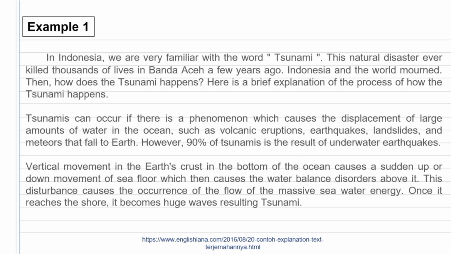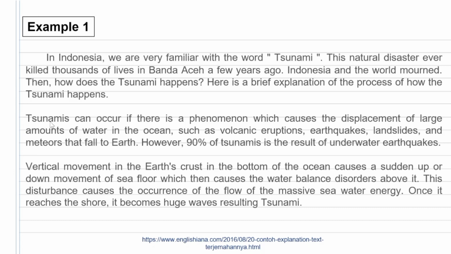Okay, so from the first paragraph, we can see this text is an explanation text. How? We can see from here: then how does the tsunami happen? So of course it's explaining how a tsunami happens, and we can see the explanation in the second and the third paragraph.